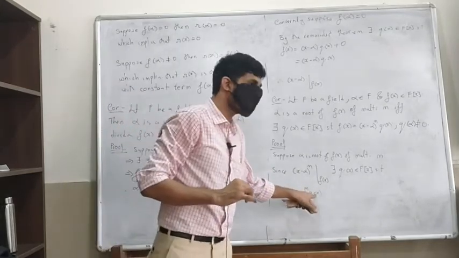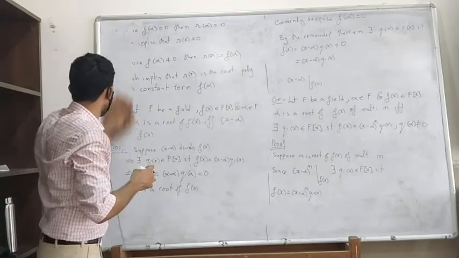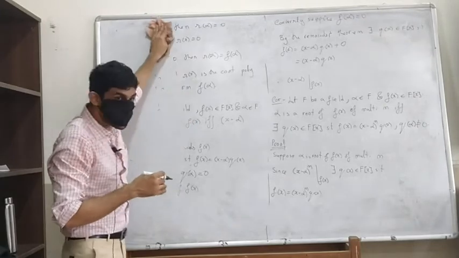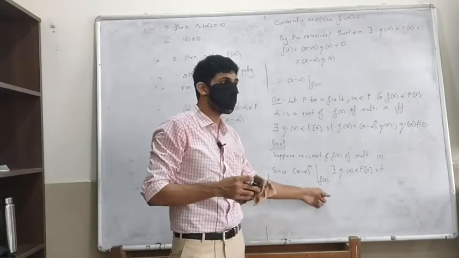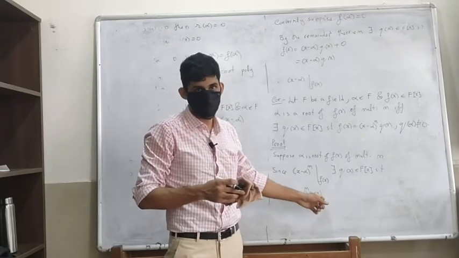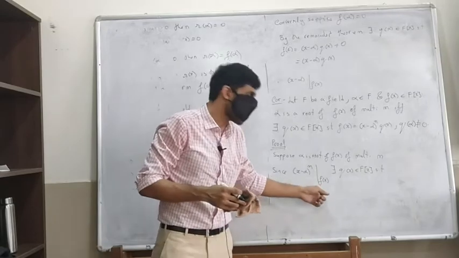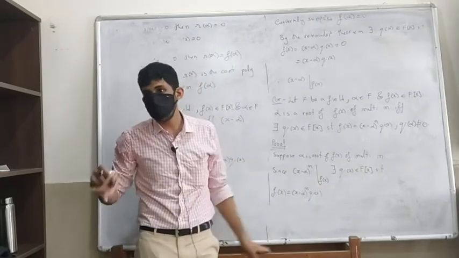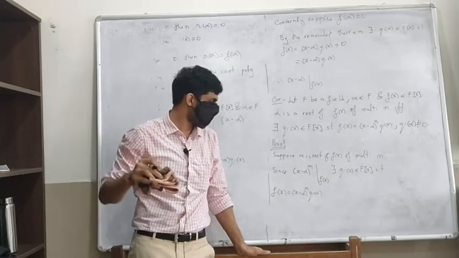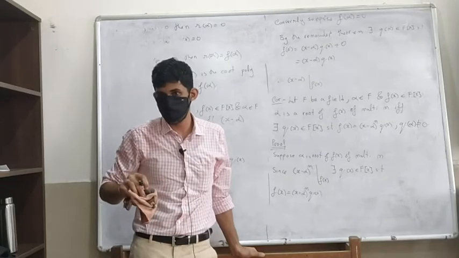What happens if q of alpha is 0? By the previous corollary, it will mean that x minus alpha divides this, right? But if x minus alpha divides this, that means I can write q of x, by the previous theorem, as x minus alpha times g of x.